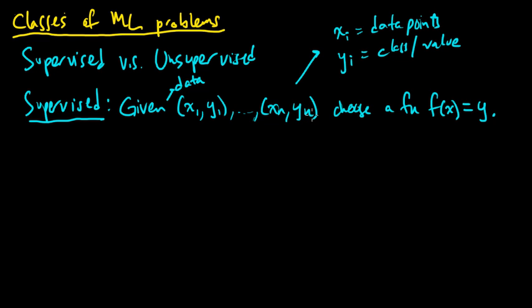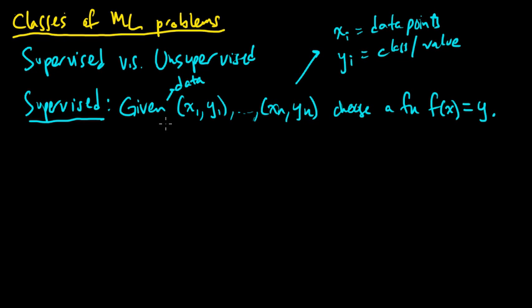Now you may be saying to yourself, how in the world could I possibly do this? And you would be justified in asking that question, because in general, this is not a well-defined mathematical problem. This is an ill-posed problem. There's no sense in which there is a correct function for this very ill-posed type of setup.